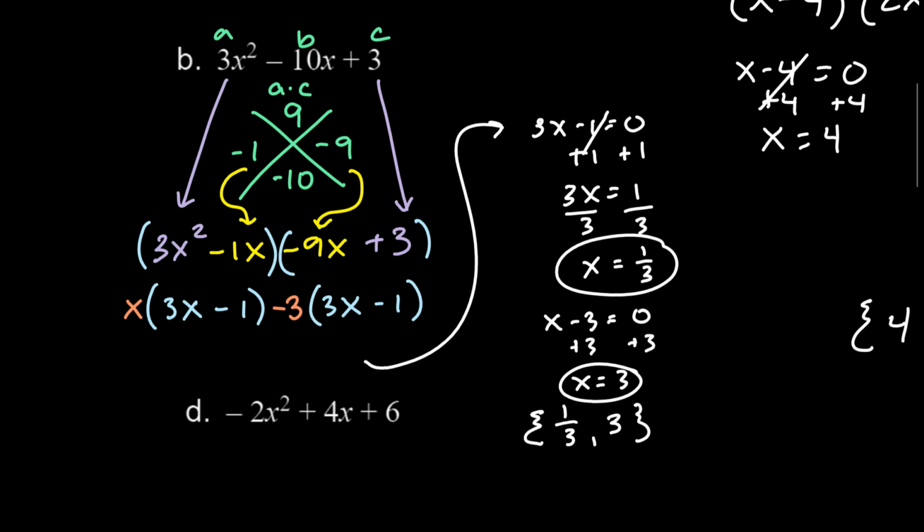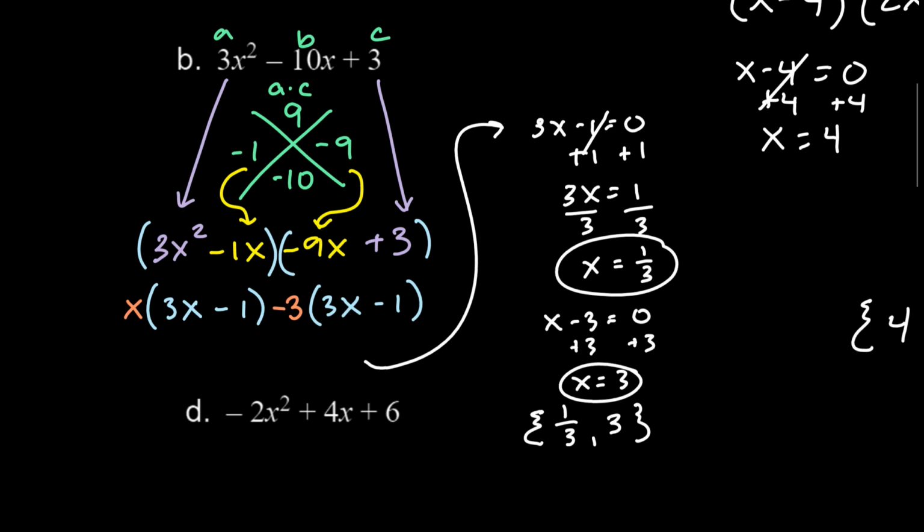So how many different terms are we looking at when we have x times 3x minus 1 minus 3 times 3x minus 1? Technically, how many terms are here? It's a lower number than you think. There's 2 terms, right? There's 2 things actually being subtracted here in total, because the first grouping is all being multiplied.